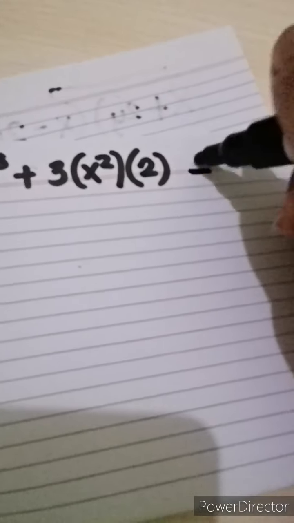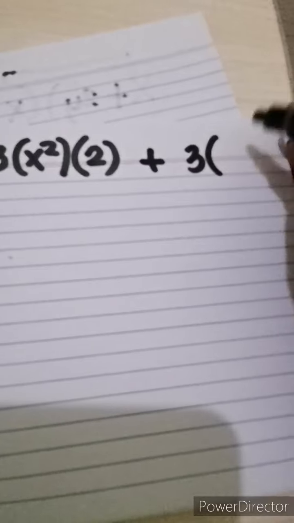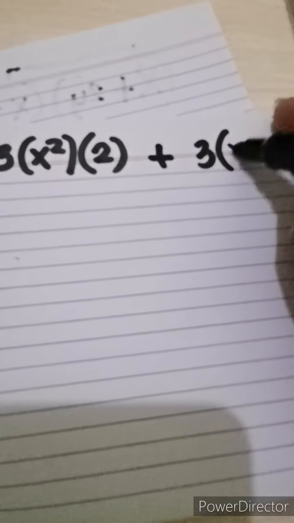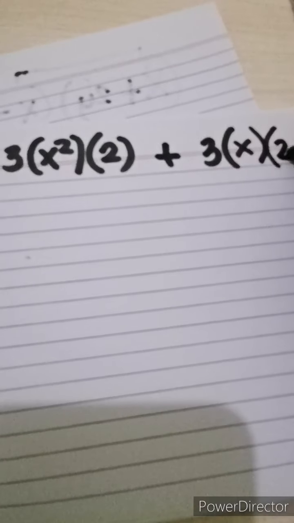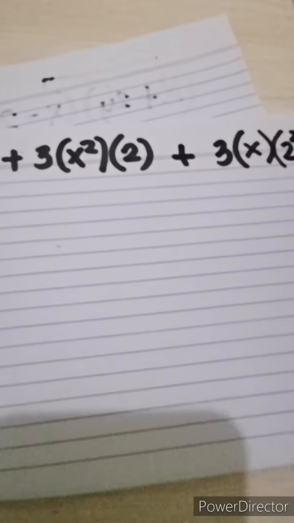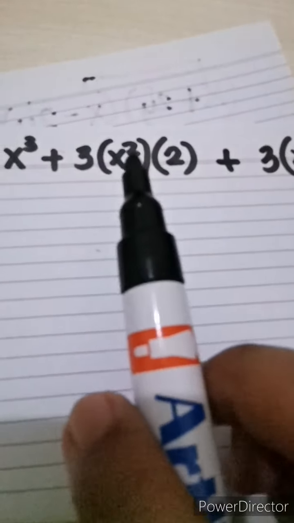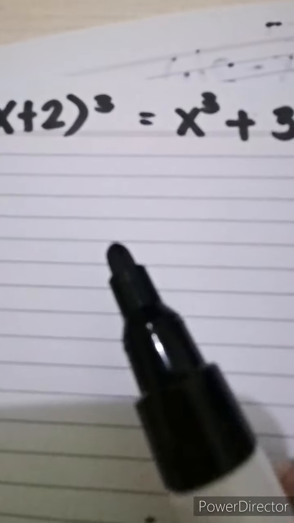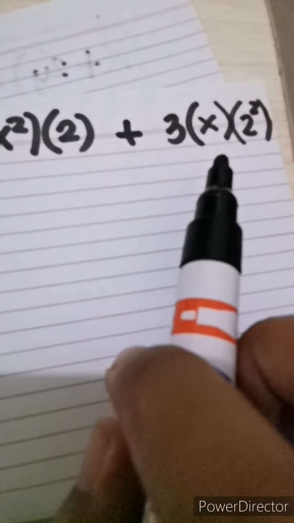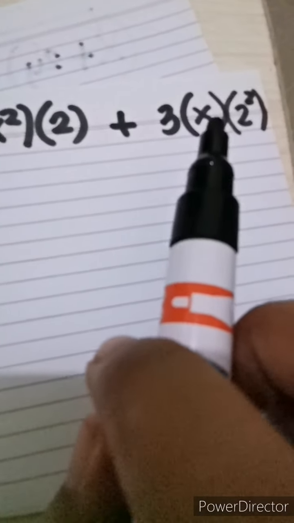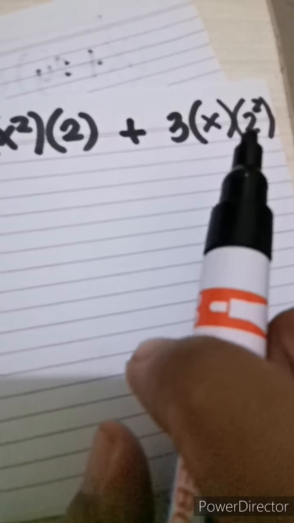Next, we have 3, the constant, then the value of the first term, and then the squared of the second term. Okay. Dito sa unahan natin, sa padalawa nating terms, ang naka-square dito is yung first term natin, which is x. Dito naman, sa patatlo, ang naka-squared naman natin is yung last term, which is 2.